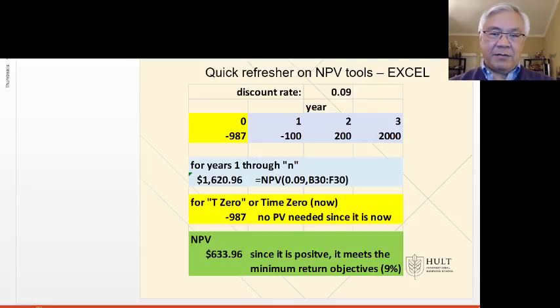So the net is 633, positive sign. That it's a positive sign means it's a go in terms of project approval, or at least meeting project minimums. If it's exactly 0, it means it exactly meets our rate of return. So 0 is not bad. That's a common misnomer. If it's negative, that's bad. It means it does not meet our target return, in this case of 9%.